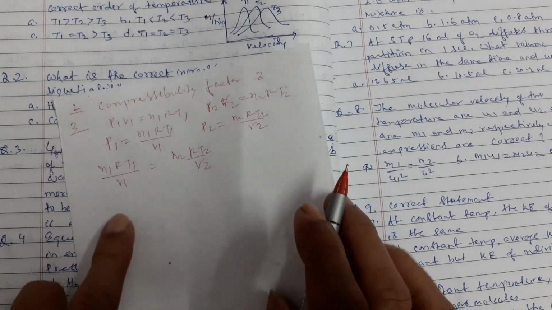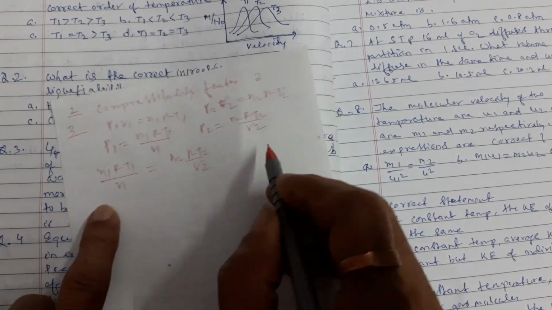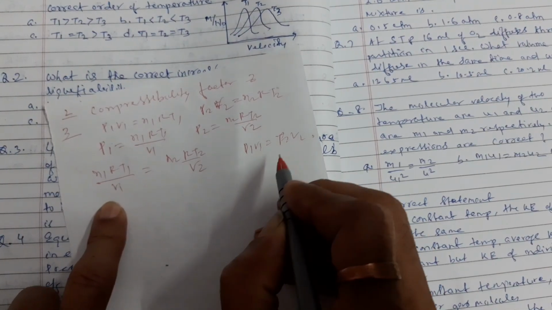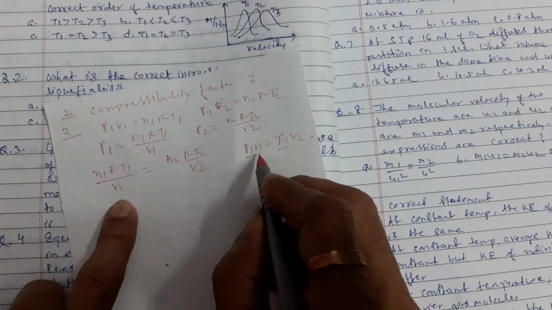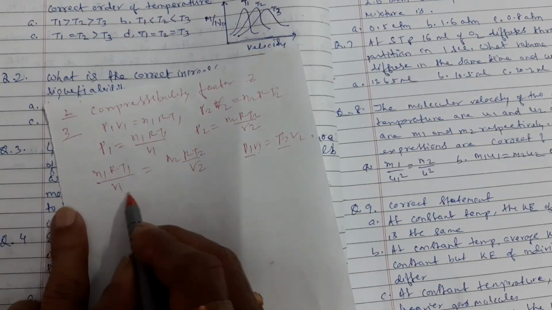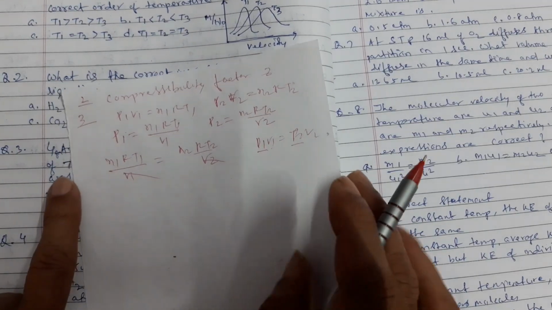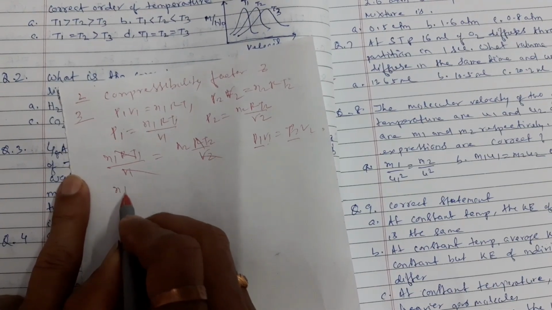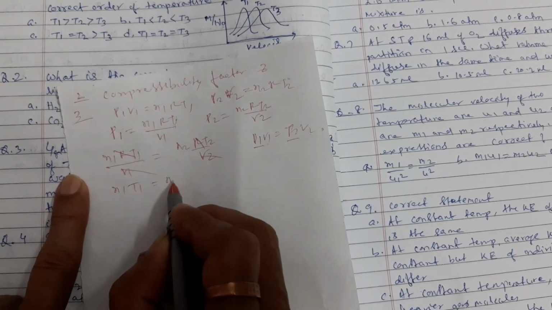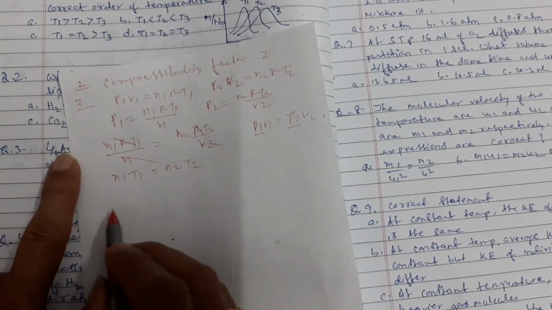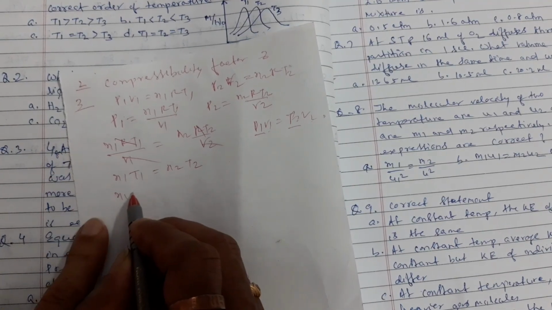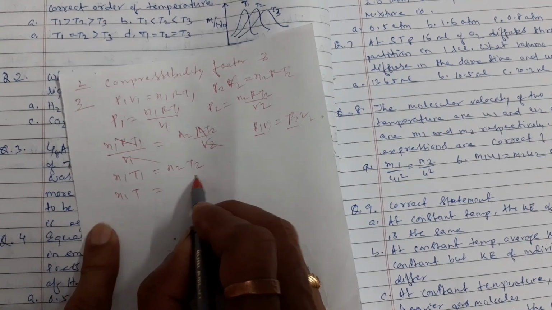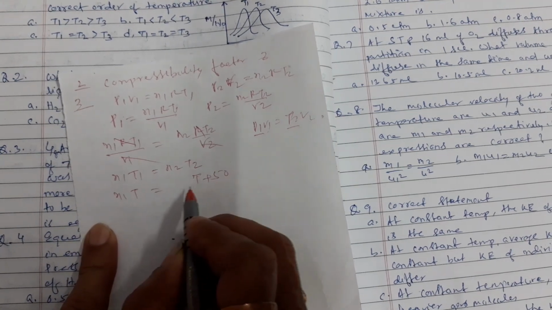If P1 and P2 are the same, then V1 and V2 are also the same, so you can cancel V1 and V2. R also cancels. So N1 T1 is equal to N2 T2. Let us say T1 is T, then T2 is T plus 50 degree centigrade.